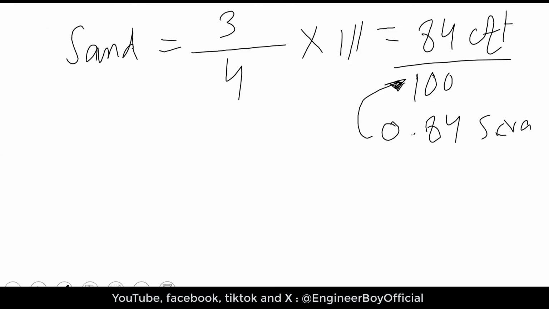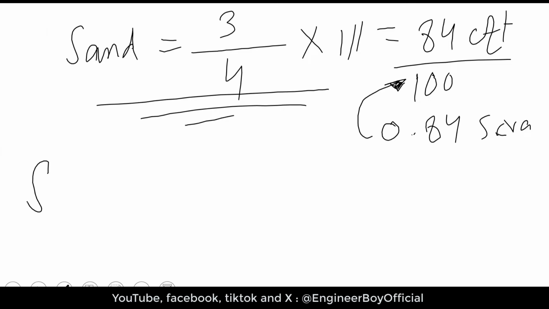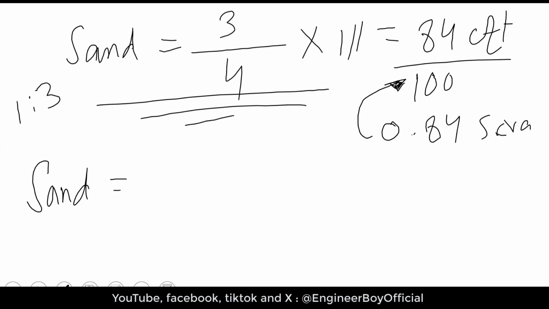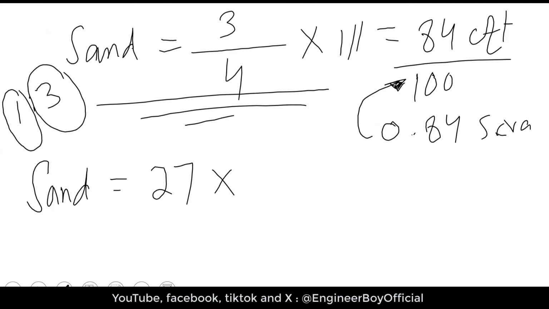Now, it's really complicated to use this formula again and again, so it's better to use it in short form. Like if you see, we have 1:3. The quantity of cement was just 27. So you have to take that 27 and multiply it with the ratio of sand, because sand is 3 times of cement.